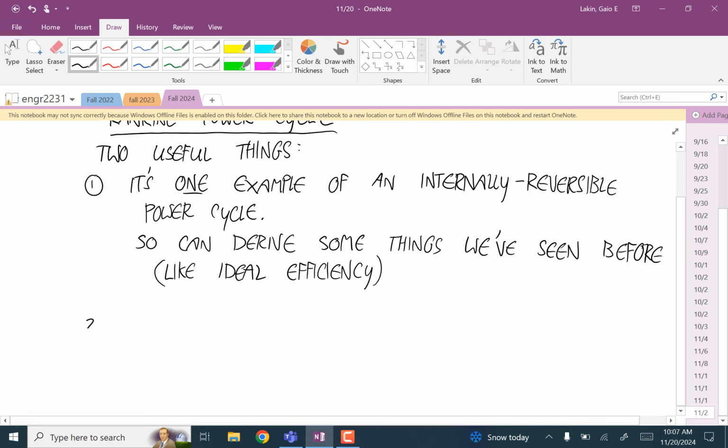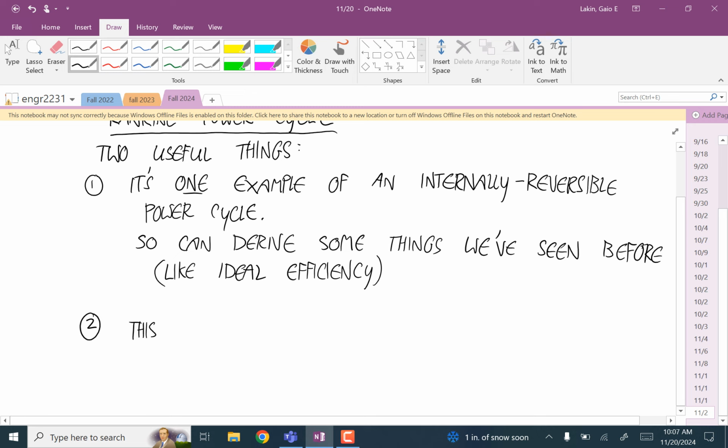Second, this is actually a simplification of a real way that power plants work. There are infinitely many internally reversible power cycles. They all have the same performance if you assume perfect efficiency.